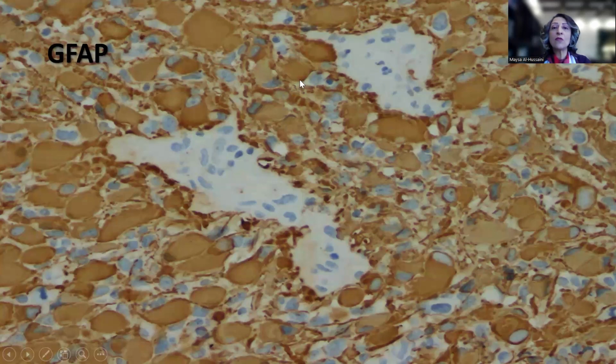And now into the immunohistochemistry, the GFAP is strongly positive in the gemistocytes, really beautifully highlighting the gemistocytes. First of all, it shows the eccentric nucleus and then the homogeneous cytoplasm.